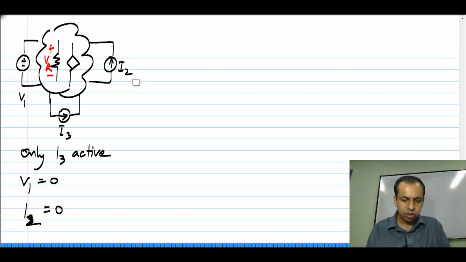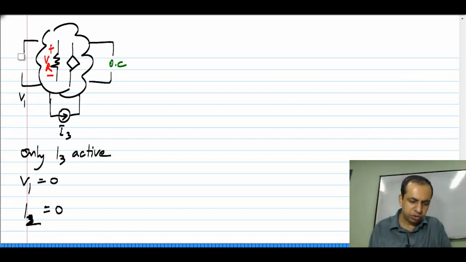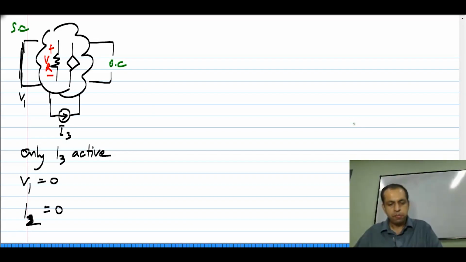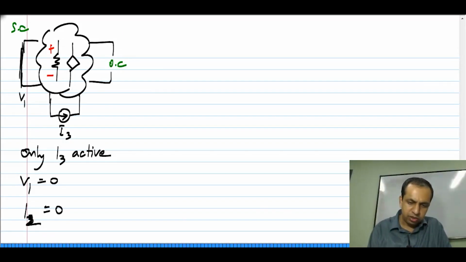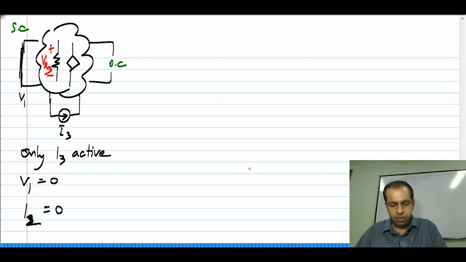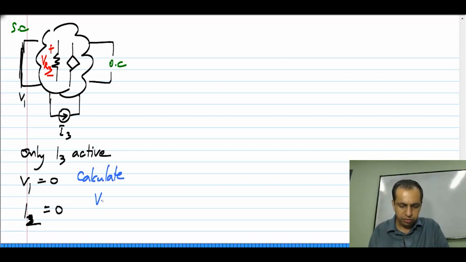So, if I set I2 to 0, a 0 valued current source, we know by now is an open circuit, and a 0 valued voltage source is a short circuit. Okay. This is a short circuit, and the value of VR I get in this particular case, let me denote that by VR3. Okay. So, in this case I calculate VR3.